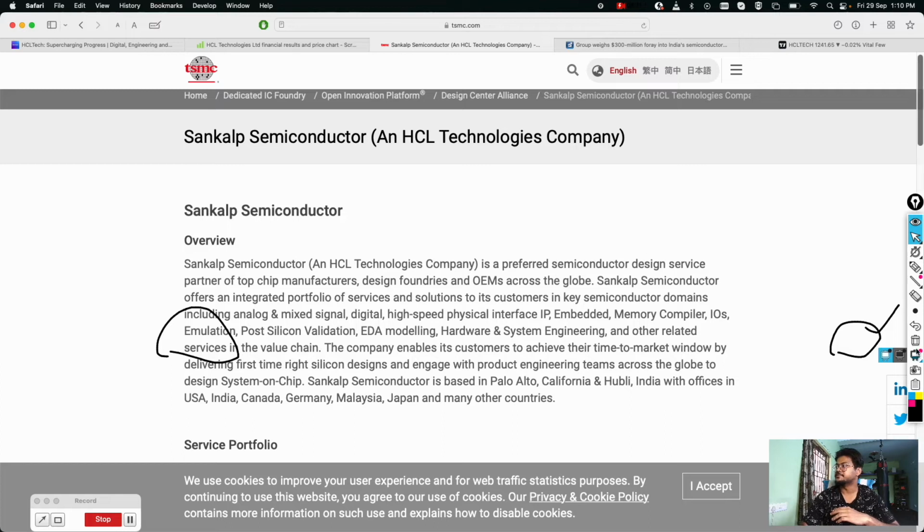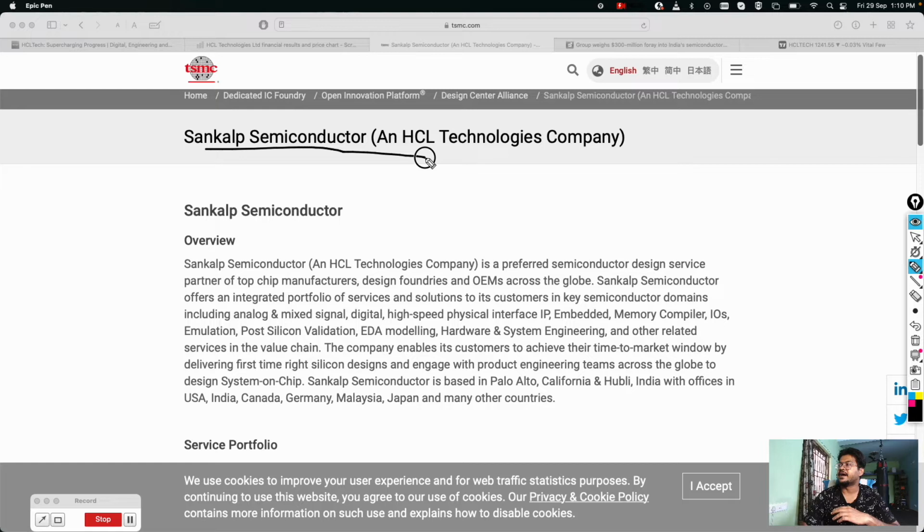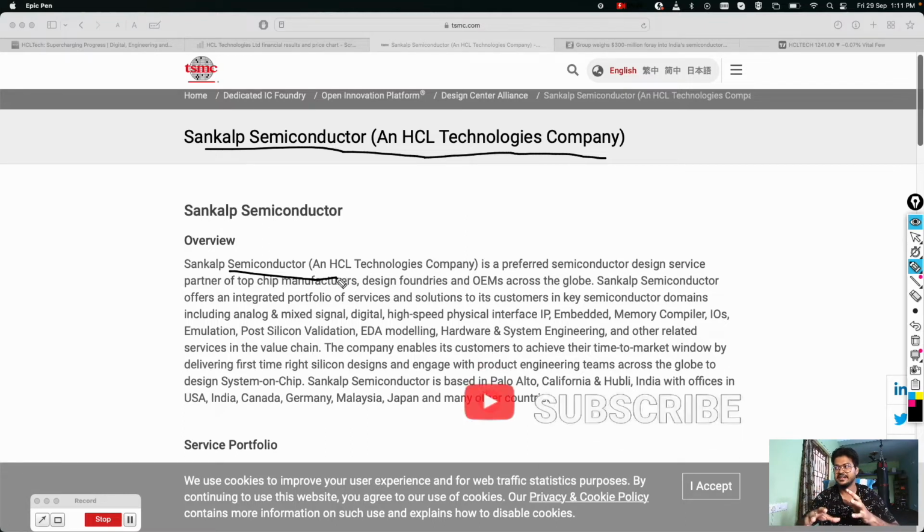Sankalp Semiconductor. So as you can see here, Sankalp Semiconductor is a part of HCL Technologies. It is into semiconductor manufacturing. So this is also giving HCL an added advantage, that it is into the IT business, and it is already manufacturing semiconductors, which, as you know, is an emerging market in India itself, and around the world also, but mostly in India, because India is looking for opportunities to manufacture semiconductors, the chips.